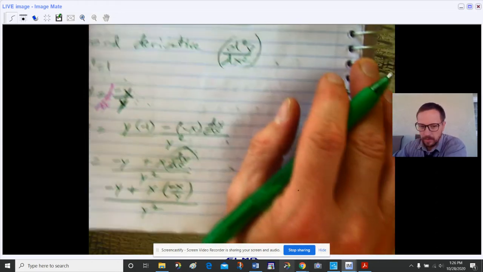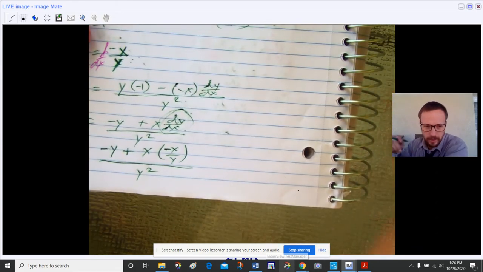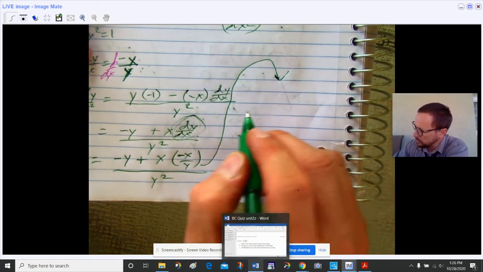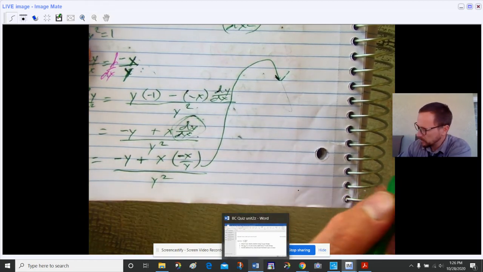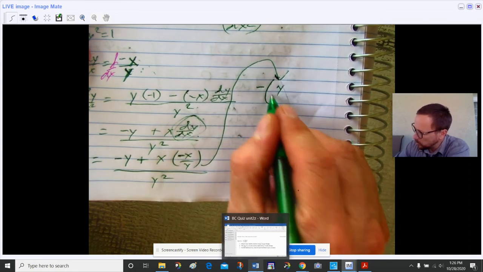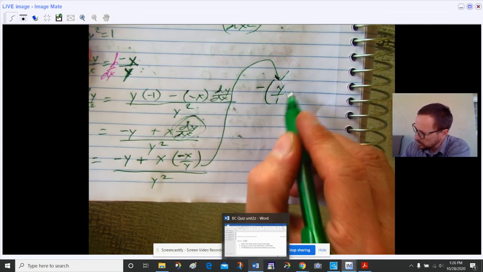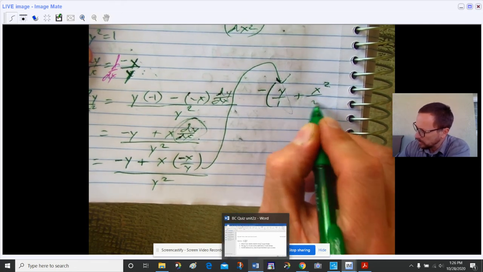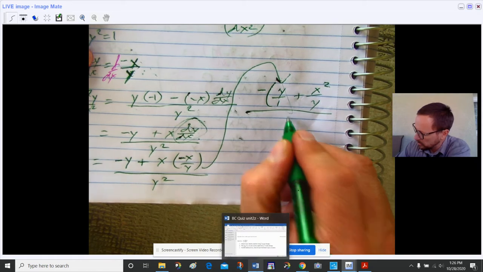All right, cool. So now we're cooking. Both of these have a negative, so we can factor out a negative. That's going to be y over 1 because we have fractions. This is going to be plus x squared over y, all over y squared.